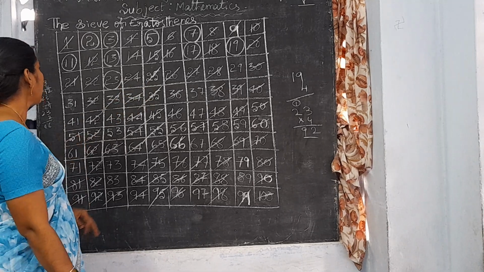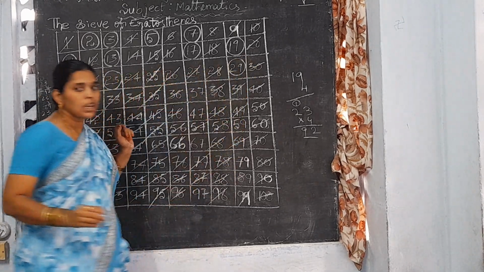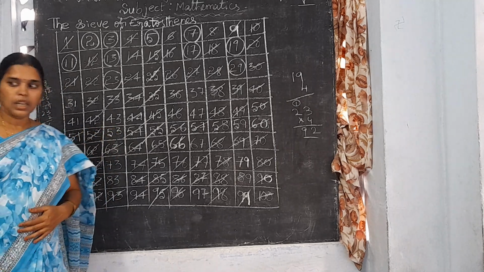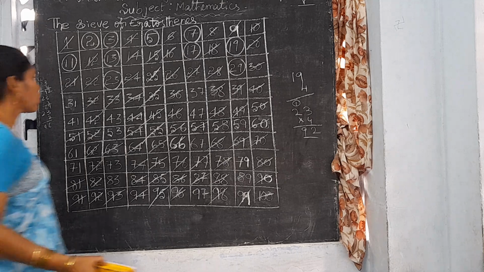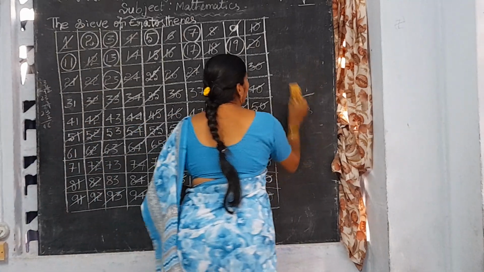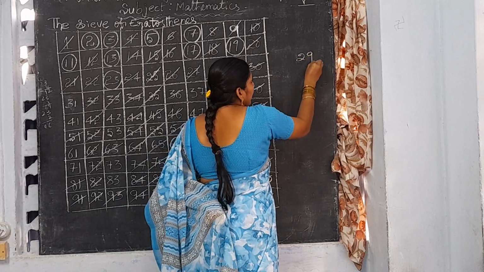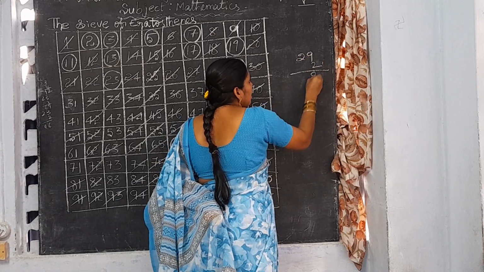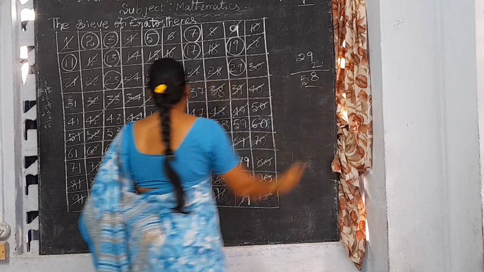Now 29. Circle the 29 because it has only 2 factors, that is 1 and the number itself. So 29 multiples. You see the 29 multiples. 29 twos are, 2 nines are 18, 2 twos are 4 plus 1, 5, 58.